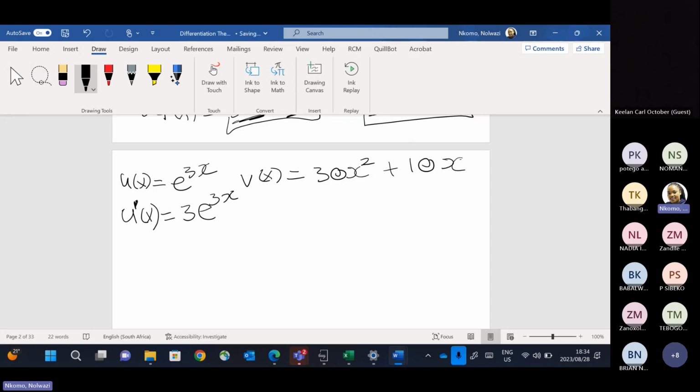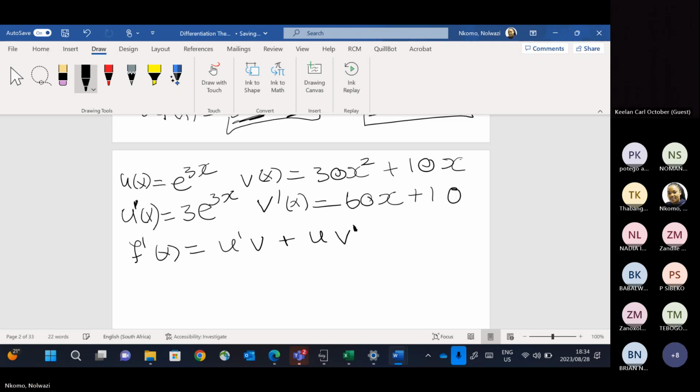And in v at x, we would apply a power rule, which will give us 60x plus 10. That means our f prime at x would be u prime v plus u v prime.